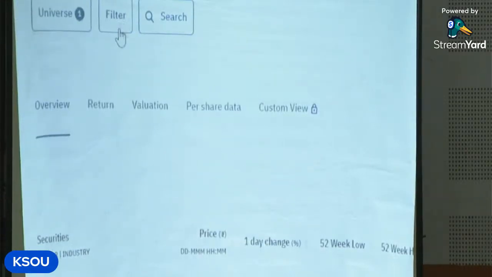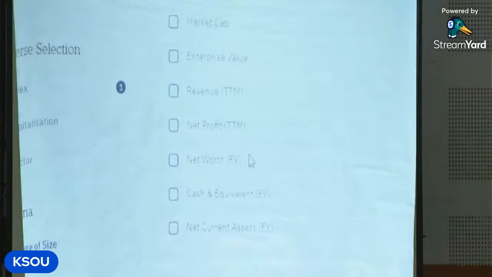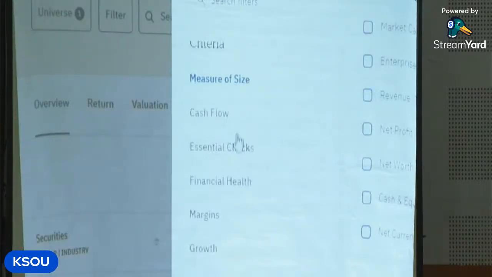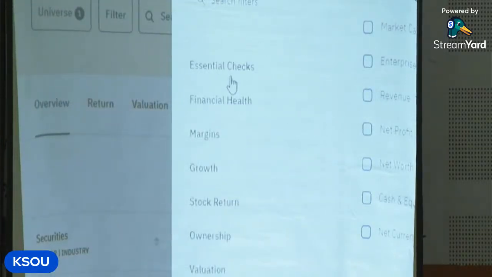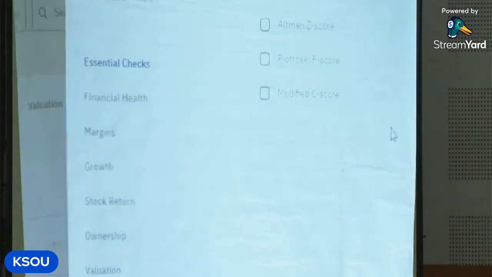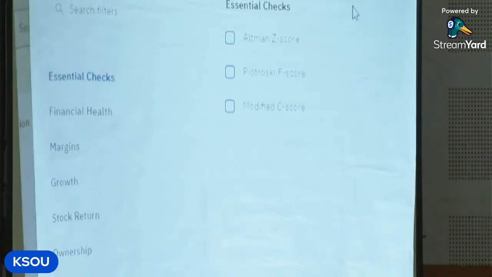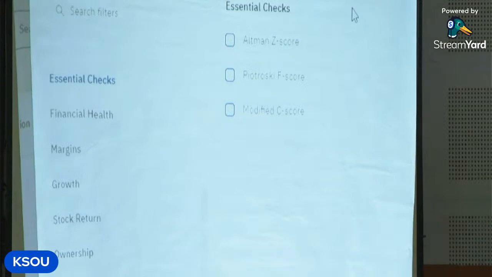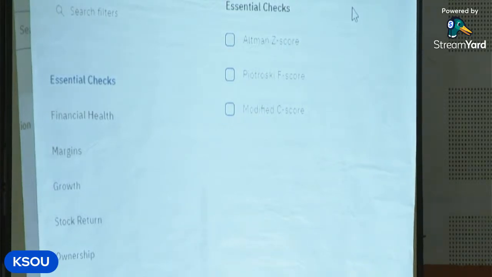Friends, there's one item here called filter. Clicking that. Something called essential checks, click that. Can you see what we find here?